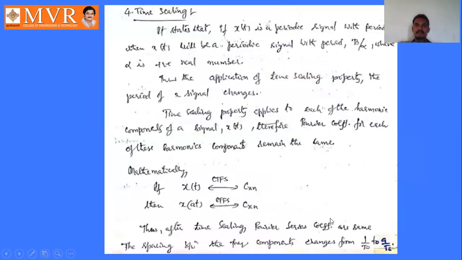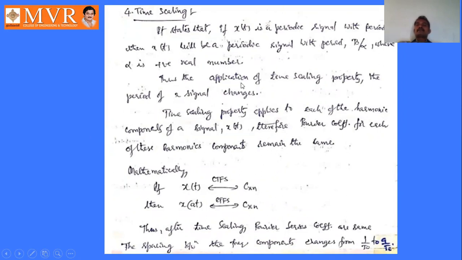Okay. The next property is the time scaling property. Here time will be scaled or compressed, x of at, or x of t by 2 like that. It states that if x of t is a periodic signal with period T, then x of at will be a periodic signal with period T by alpha, where alpha is a positive real number.